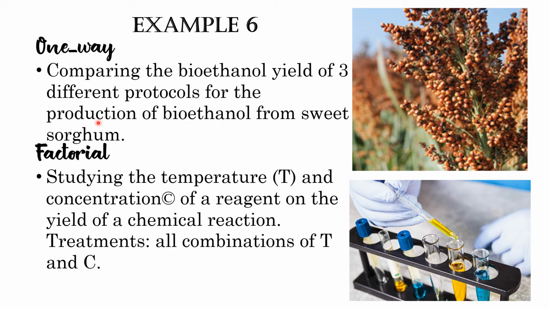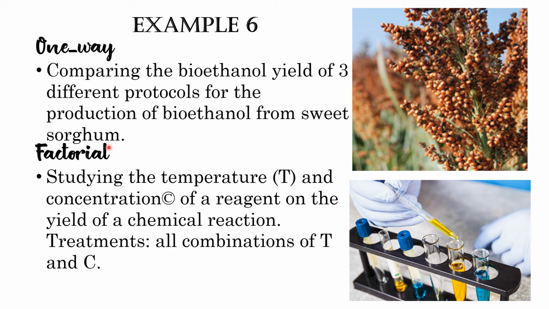So what is this one way? This is the treatment structure, one way. When I say treatment structure, it is how you deal with your treatments. If it's one way, remember it is only one treatment, but of course in different levels. So for example, comparing the bioethanol yield of three different protocols for the production of bioethanol from sweet sorghum.